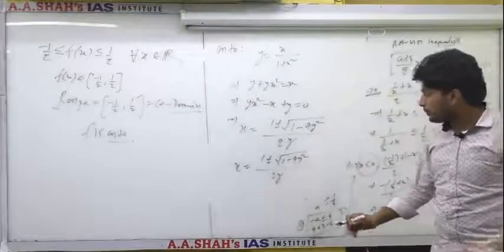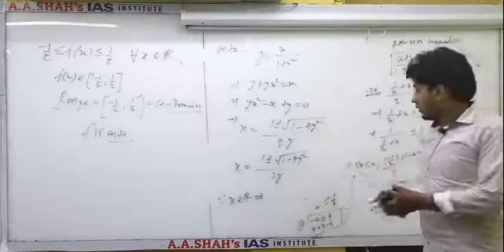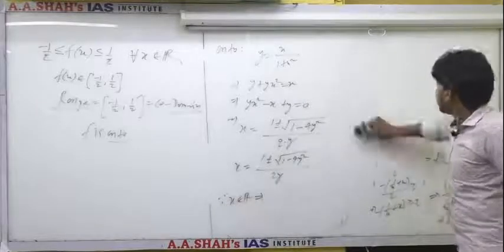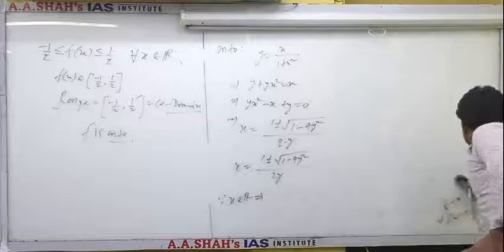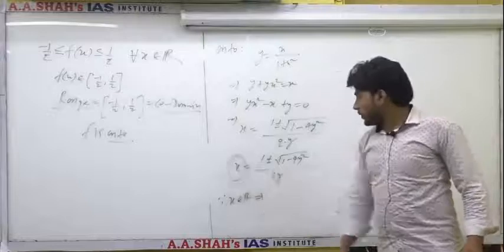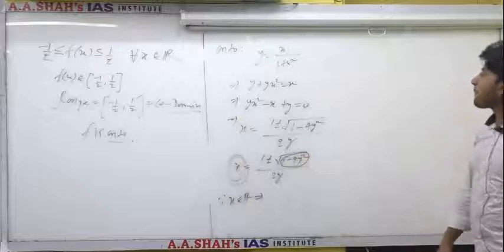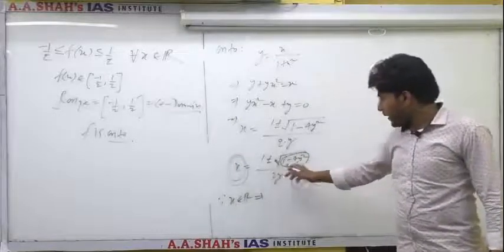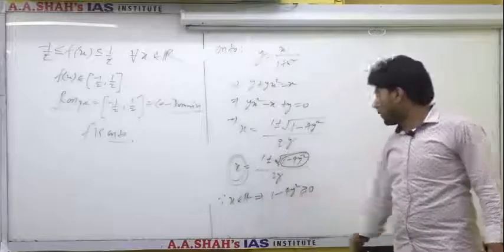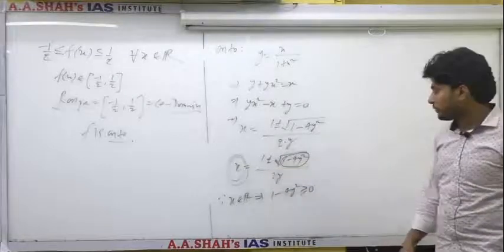Since x is any real number, the domain is R. So for x to be a real number, this must be non-negative. So 1 minus 4y square must be non-negative, because if it is negative, we will get complex roots, so we will not get a real number.